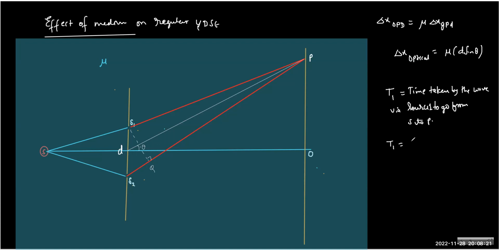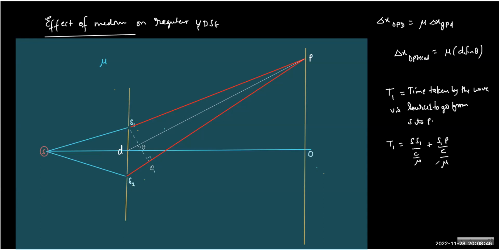So the time will be how much? You can write S1P by the speed of light, which is C by mu. Yes, sir. S1P by C by mu. That's the beauty: even if I change the mu, I can write the answer easily, because this method takes care of every path separately, isn't it? Yes, sir.